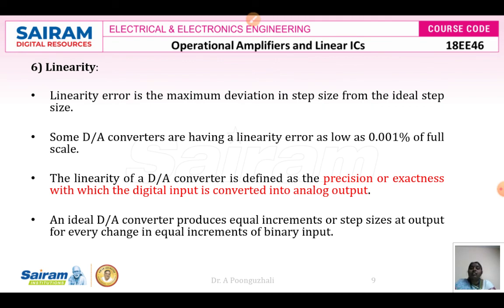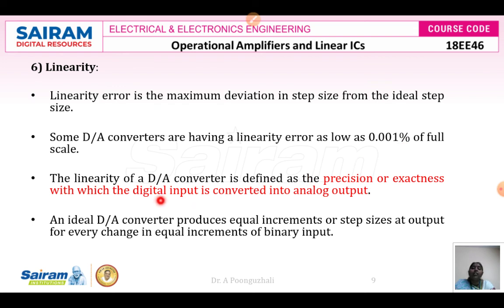And the next parameter is linearity. The linearity error is the maximum deviation in step size from the ideal step size. Some D2A converters have a linearity error as low as 0.001% of the full scale.